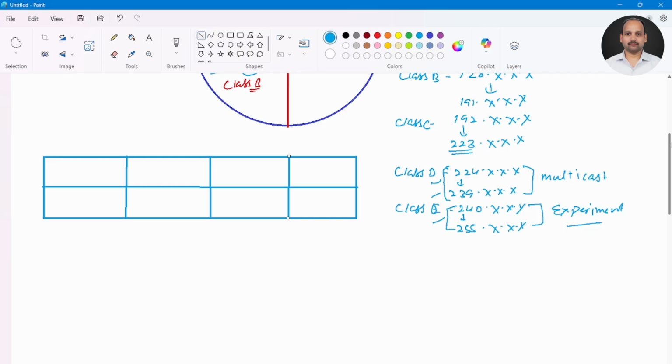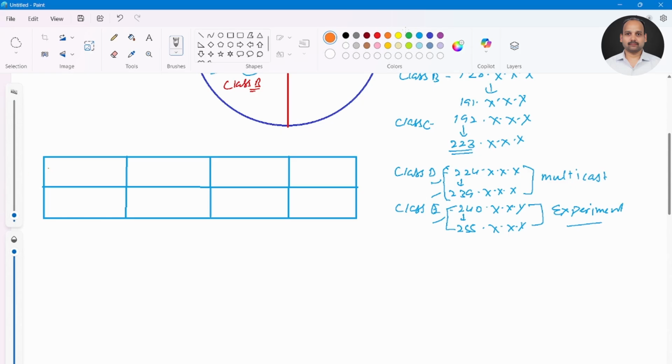If you see class A, the documentation says that in class A, the first one bit is reserved.